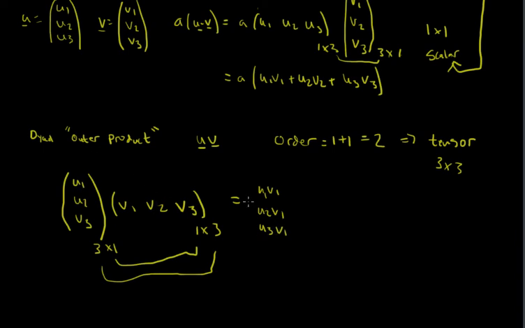Second column, first row, it's u1, v2. Second column, second row, u2, v2, and then I'll have a u3, v2. Again, the third column, first row, so u1, v3, then u2, v3, and u3, v3.